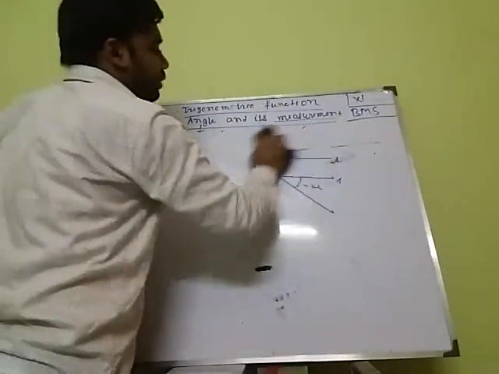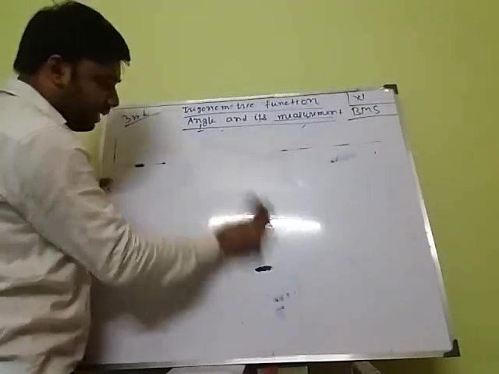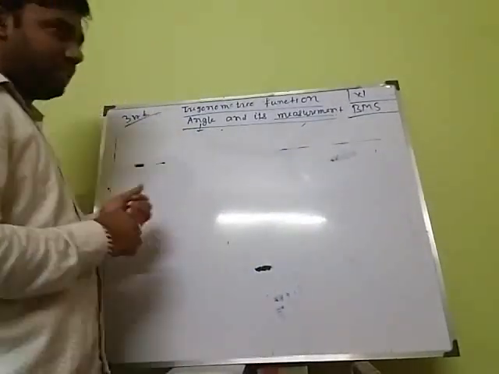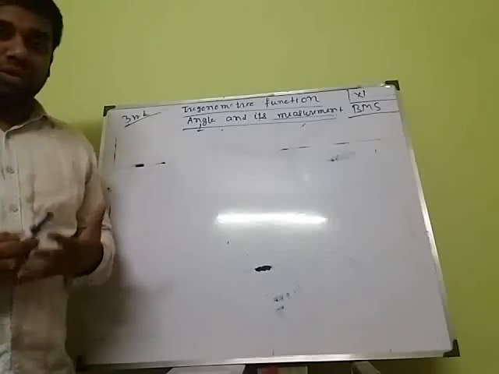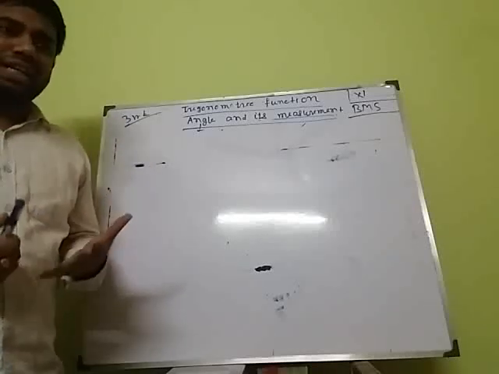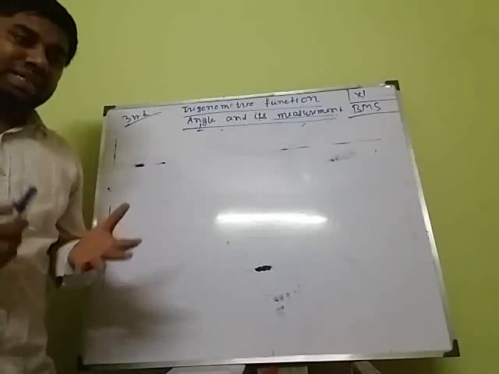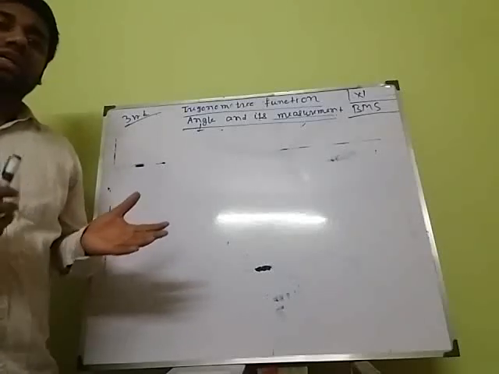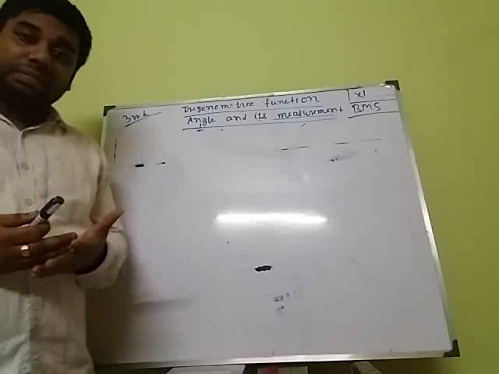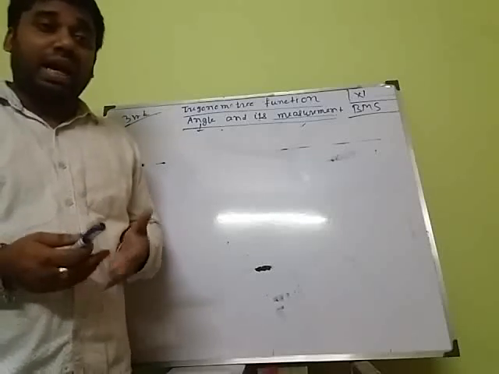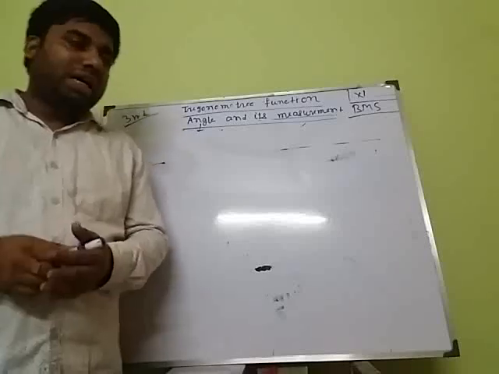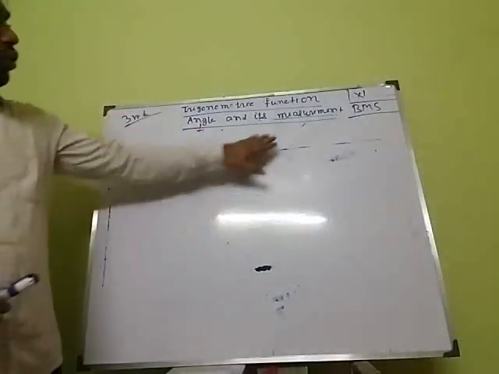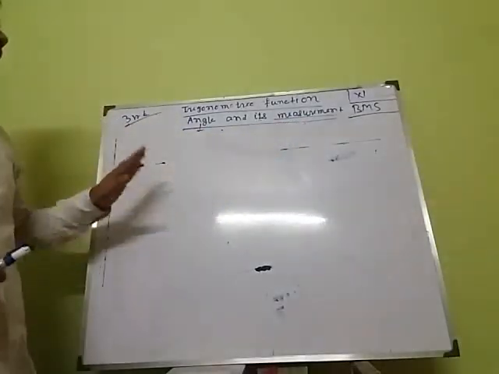the next portion is measurement. We know that for measuring any quantity, we need a system and we need a unit. For example, if we want to measure a length, we need a unit, that is centimeter, meter, kilometer, and a system: SI system, CGS system, MKS system. Similarly, to measure angle, we need some system.